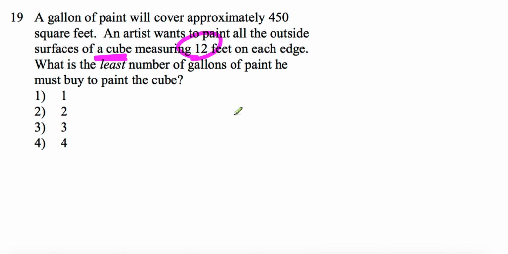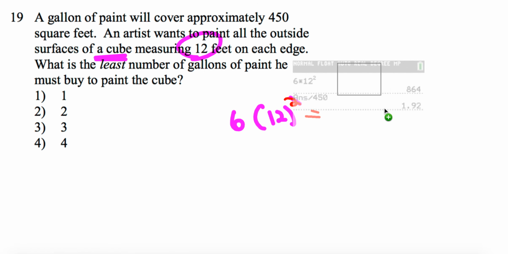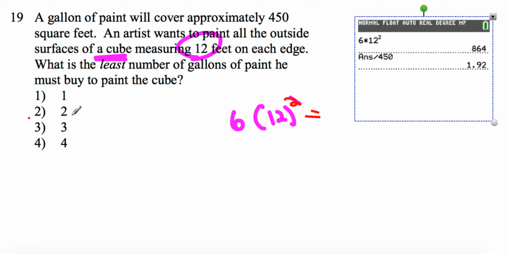Cube means we have 6 faces, and each side is 12, so each face is 12 squared. That will give us the surface area. So we get 6 times 12 squared, and then I'll be dividing this by 450. Then I get 1.92. That means number 2 is the answer. We need a little bit less than 2 cans, so we need at least 2 cans to paint the entire thing.